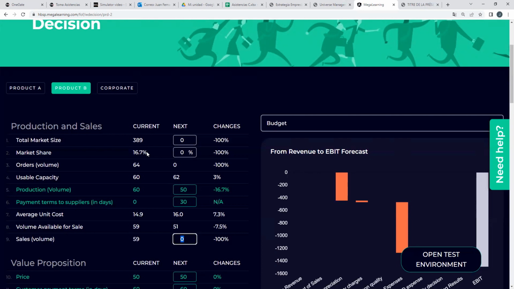So you can make assumptions about the market size and the market share that you are going to try to get.